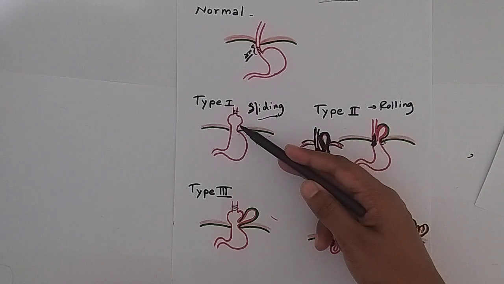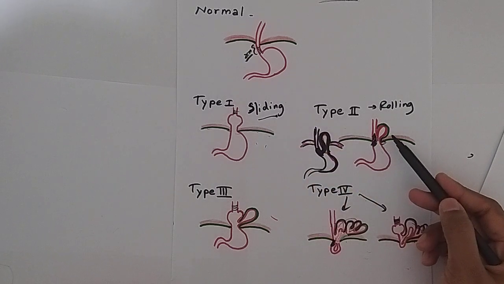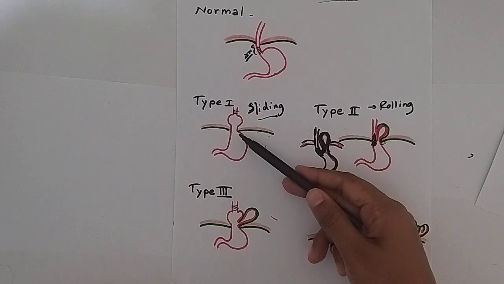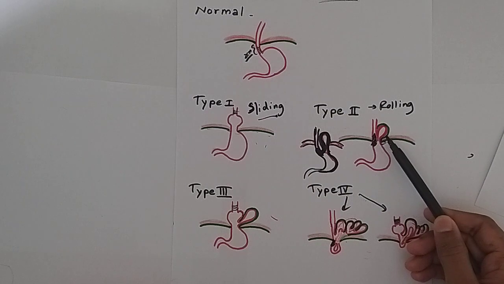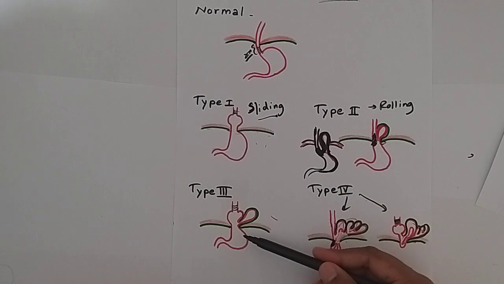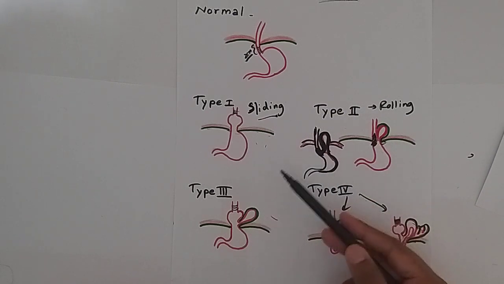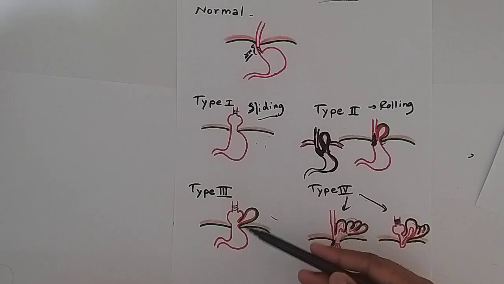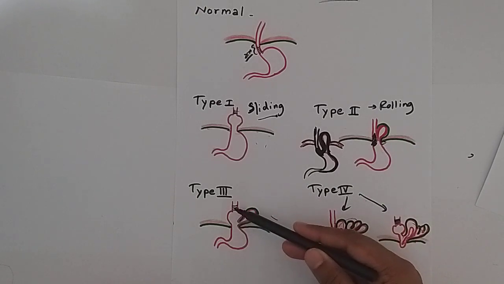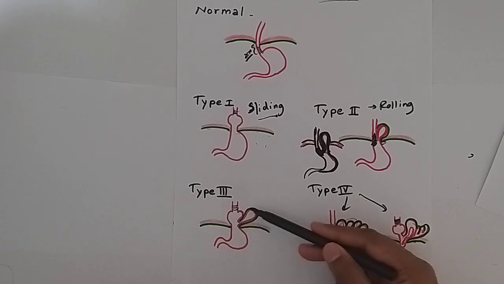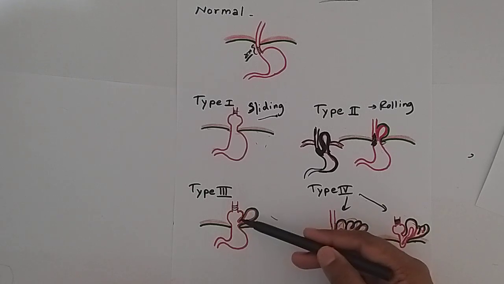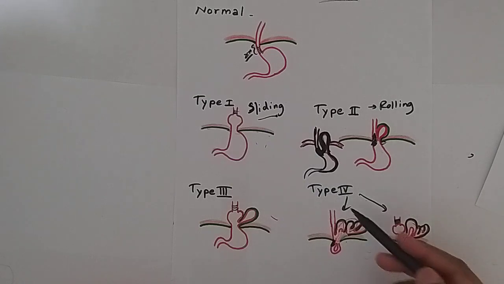The earlier one is a sackless hernia, a pseudo or false hernia; this is a hernia with a sac, a true hernia. As I told before, this is a combination of the first and second hernias. So gastroesophageal reflux is also there, because the gastroesophageal junction has gone upward, the cardiac part has slid and the fundal part has rolled upward. The fundal part has a peritoneum, but the other part doesn't.